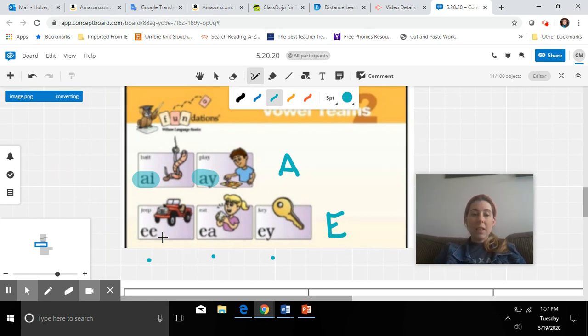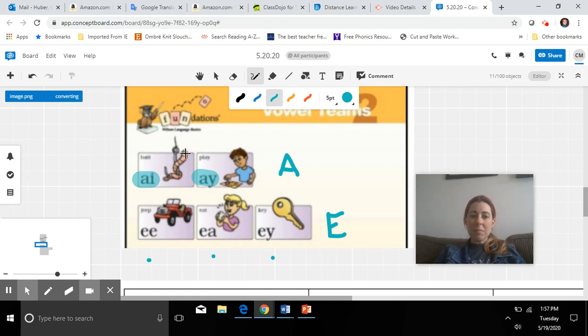So when we see these patterns in a word, when we're tapping it out, we're going to tap them like we're saying E, like J, E, Jeep, or eat, eat, E, key. All right.